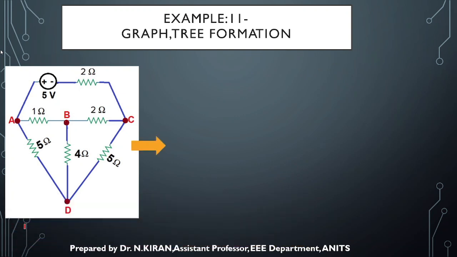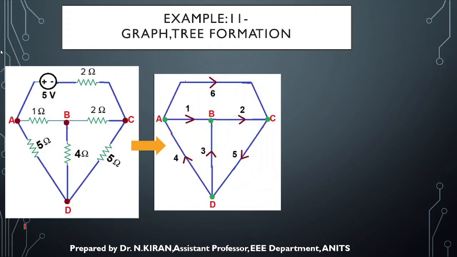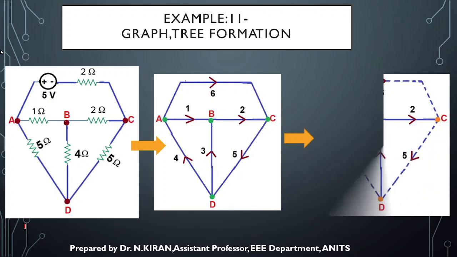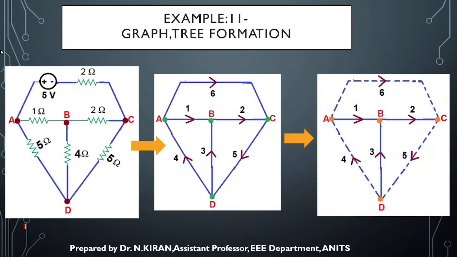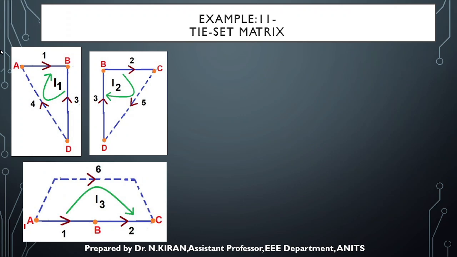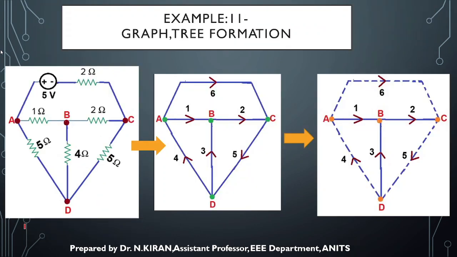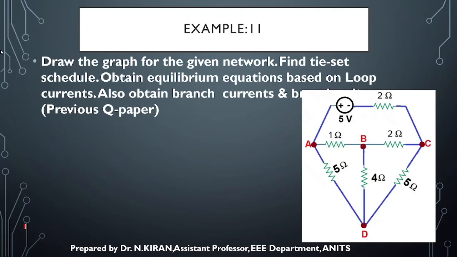We know how to find the graph by replacing all elements by line segments, and here I have considered 1, 2, 3 as the tree and the remaining branches will be links. Here you can see we are asked to obtain equilibrium equations based on loop currents, and also obtain branch currents and branch voltages.